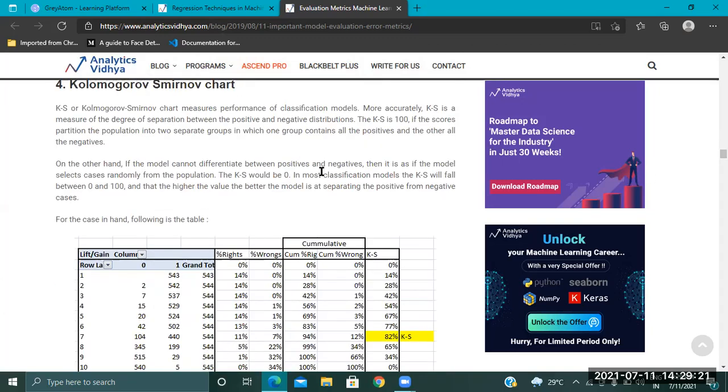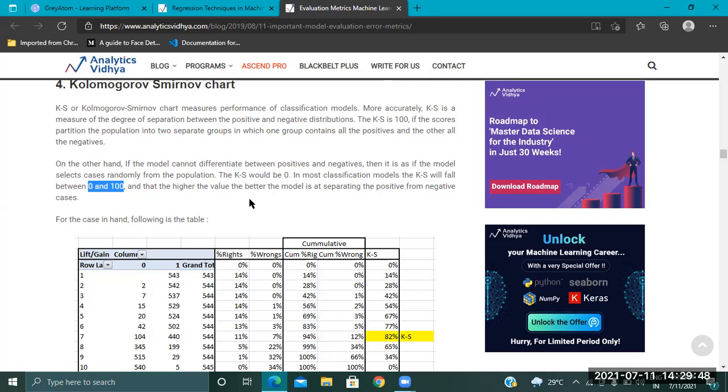KS chart. Generally, this KS chart is useful for classification methods. For all classification models, the KS chart is useful. The KS chart has a range of 0 to 100. For suppose the probability will take 1 and 0, and this KS chart will take 0 to 100.